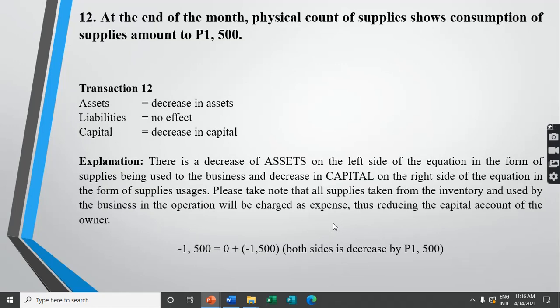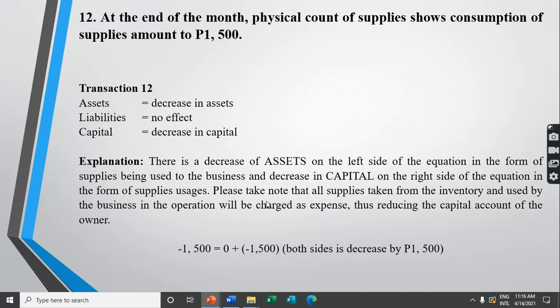Sa transaction number 12 naman, so at the end of the month, the physical count of supplies shows consumption of supplies amount to 1,500.